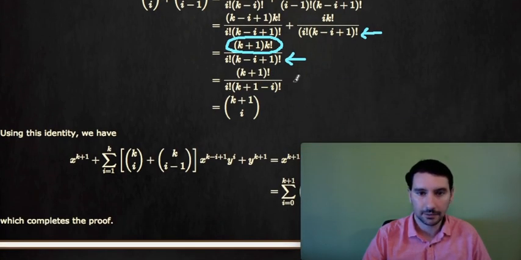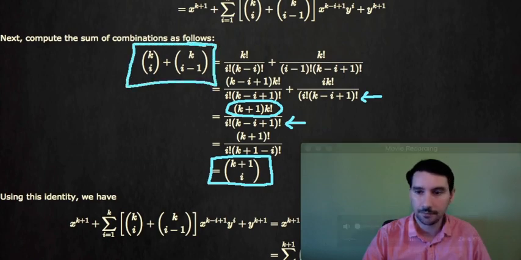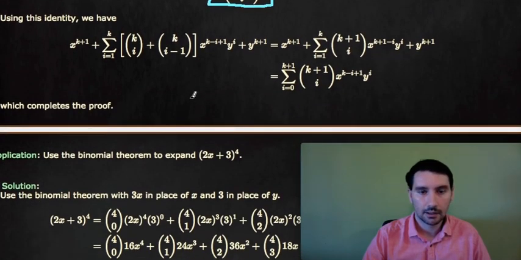Now, k plus 1 factorial over I factorial times k plus 1 minus I factorial is by definition k plus 1 choose I. So the sum of these two combinations is actually equal to this combination, and we can plug that into our formula. So we get k choose I plus k choose I minus 1 is k plus 1 choose I.